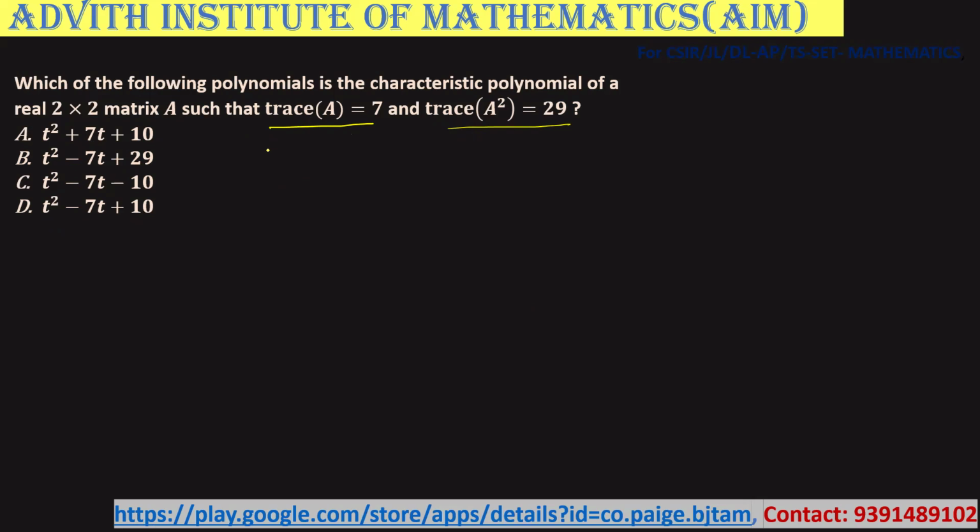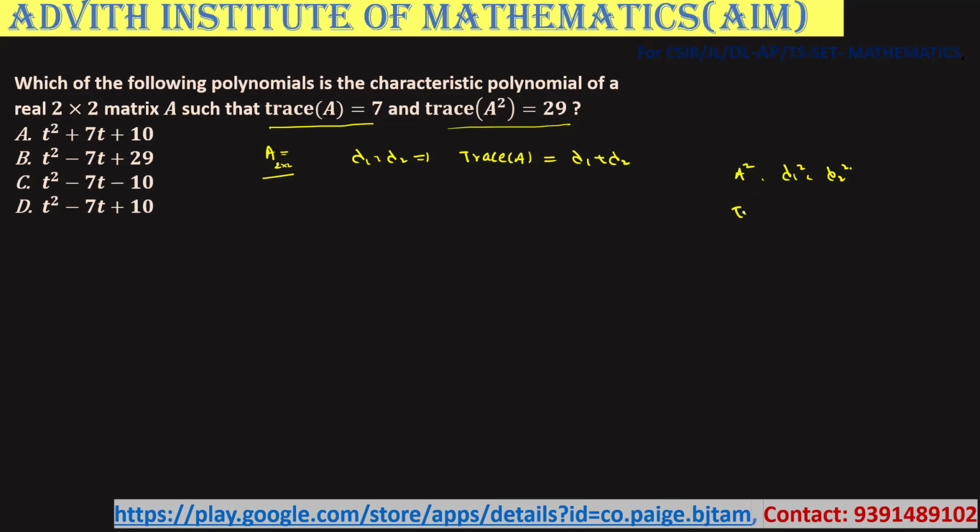So suppose the matrix A is 2 by 2, so therefore it has two eigenvalues lambda 1 and lambda 2, right? So the trace of A is equal to the sum of the eigenvalues of A. So therefore the eigenvalues of A square are lambda 1 square and lambda 2 square, right?